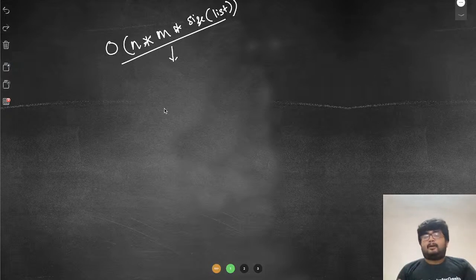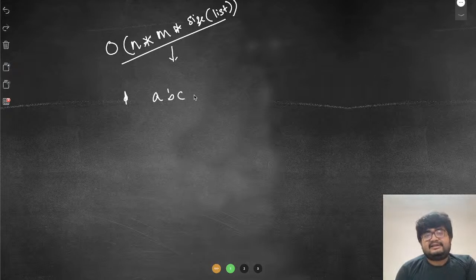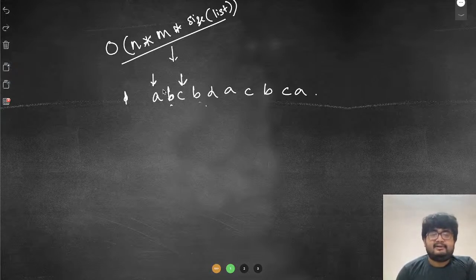Now this is where the optimization comes in, and it's a very common optimization that we do. Let's consider a string here, a b c b d a c b c a. Initially we are considering this substring abc. From there we are moving to bcb, or let's consider substring of length 4, because with 4 you can understand better.